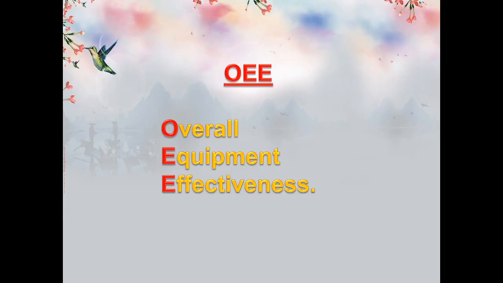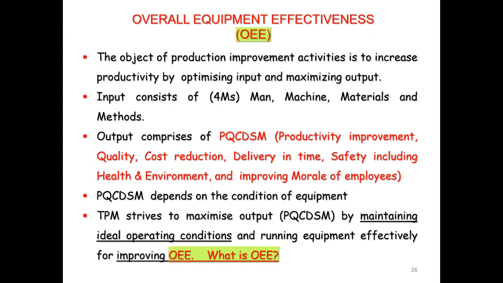Now let's see what is equipment efficiency and how to improve equipment effectiveness. This is a combined job of middle management and shift personnel. Let's see what OEE, that is overall equipment effectiveness, is all about. First, we need to increase productivity by optimizing on inputs and maximizing outputs.